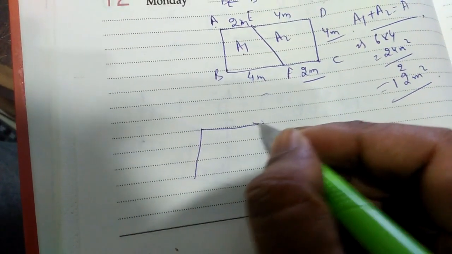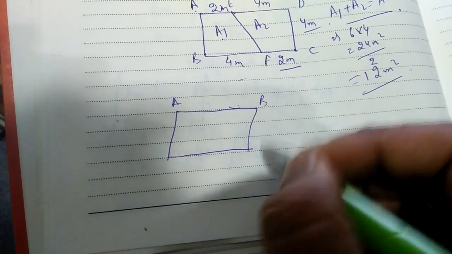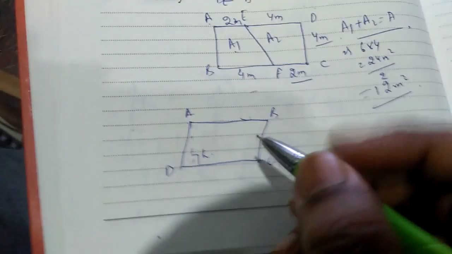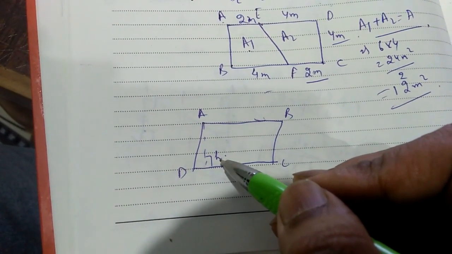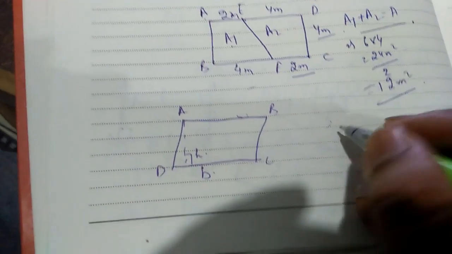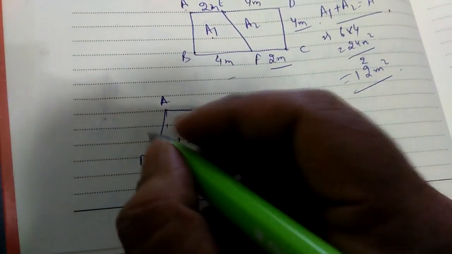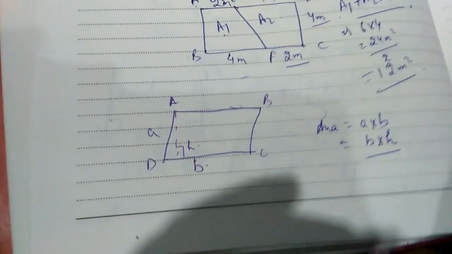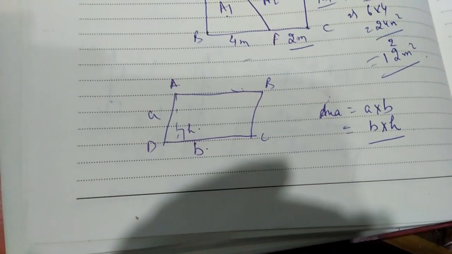This is a parallelogram A, B, C, D. Let's say we have drawn a perpendicular with height h, and let's say this is B. So the area of a parallelogram is A into B. It is also equal to B into H. Both of them are going to give you the same area.